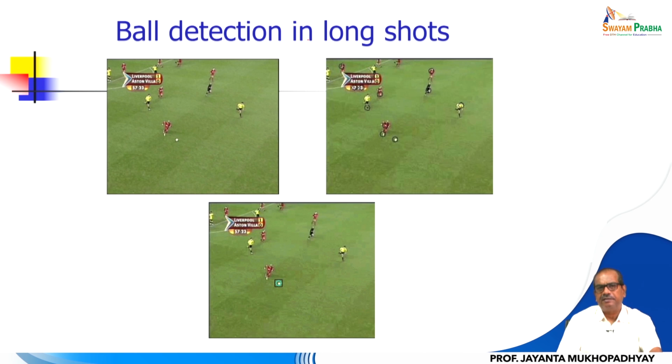It is applied for ball detection in a broadcast video. The ball is a very small object, and there could be several candidates that you detect because of noise and so on. They are all candidates for the ball in the next frame.